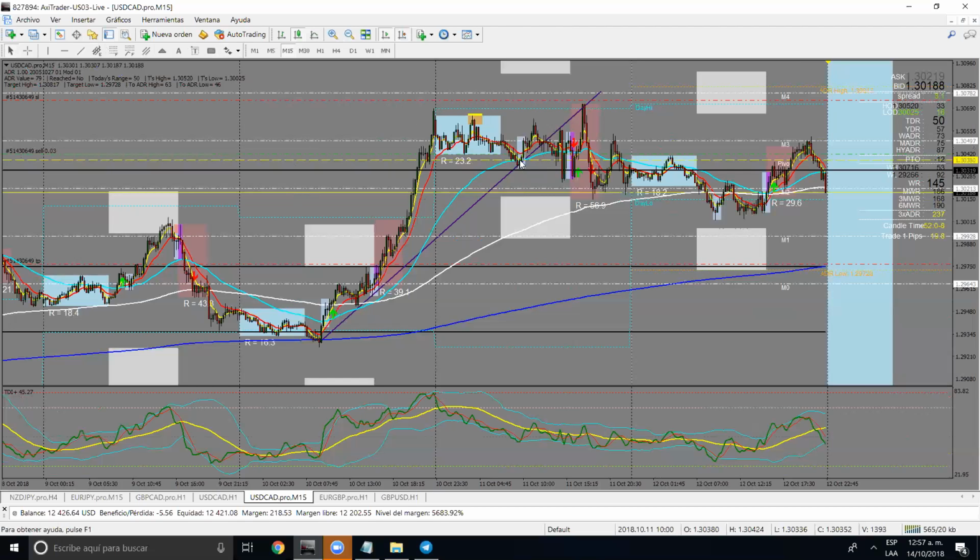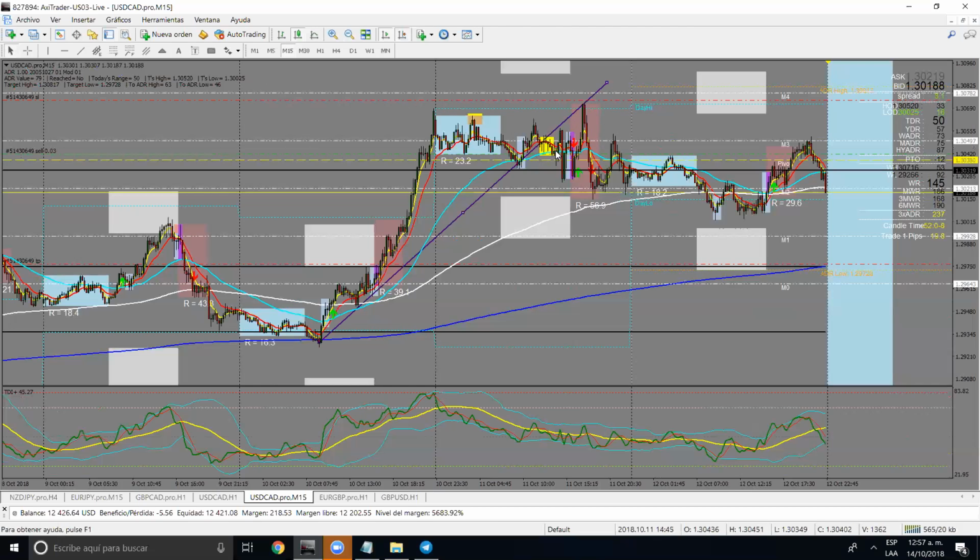Second, the trend line has been broken. We need to be very precise. Here we have the second sign: the trend line has been broken. We are not going to trade with this. It's just the alert that I told you before.